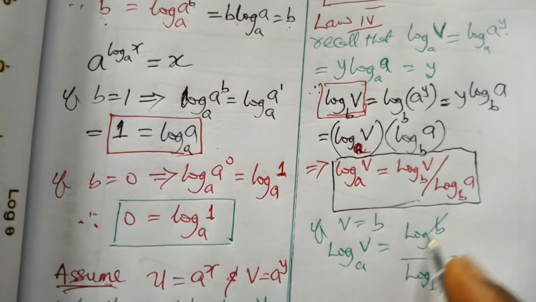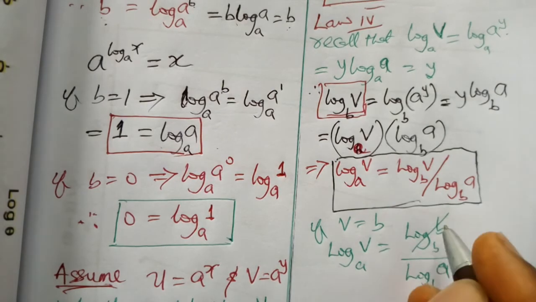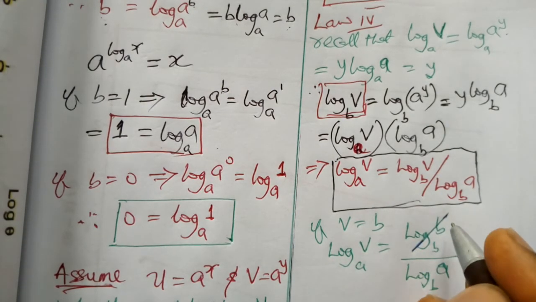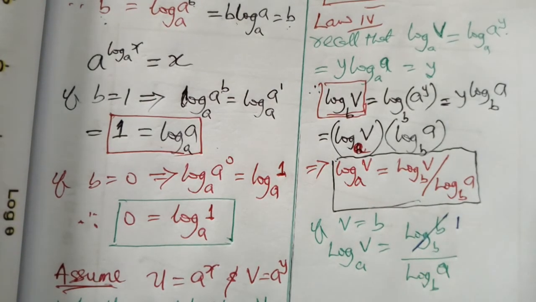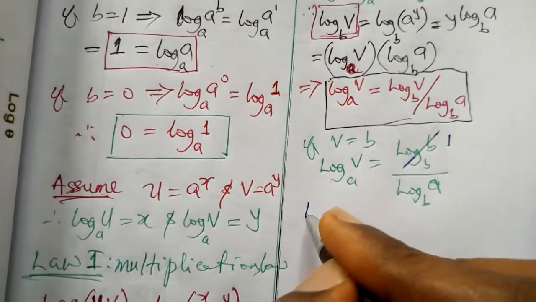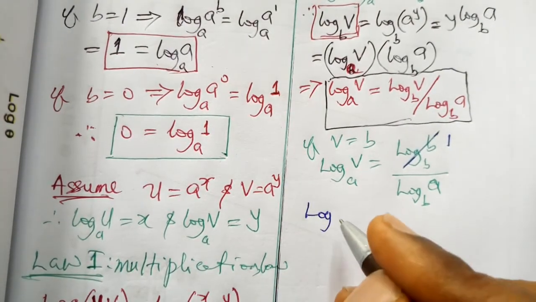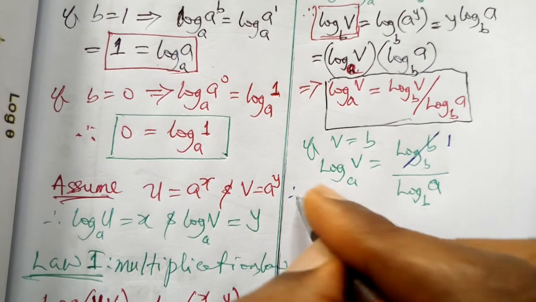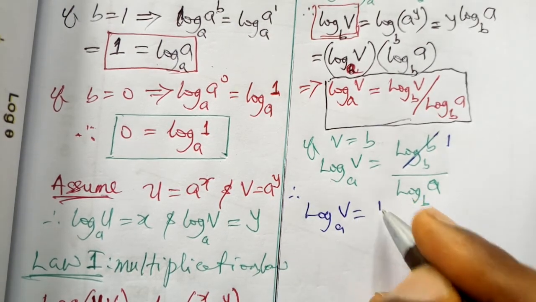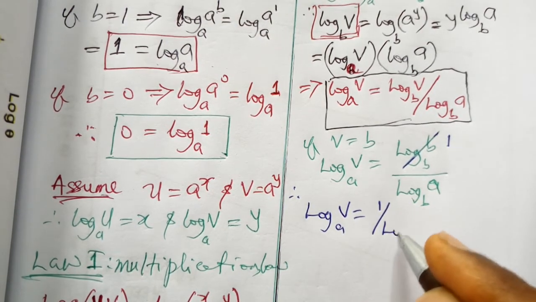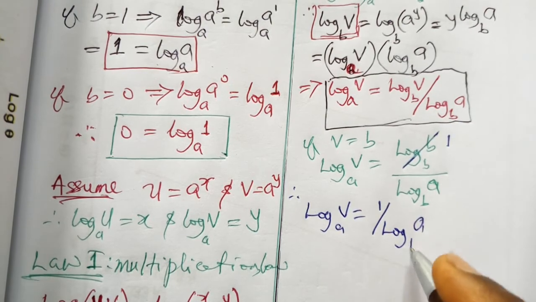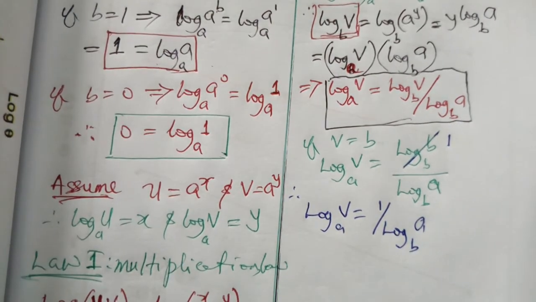So this guy is 1, like we know. So we'll have that log b base a is equal to 1 over log a base b.